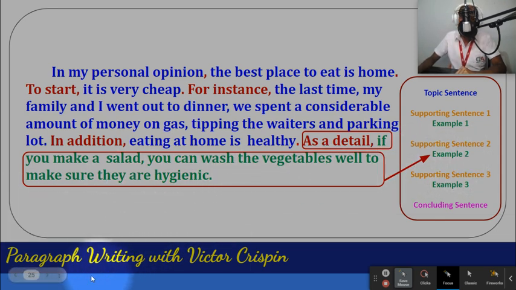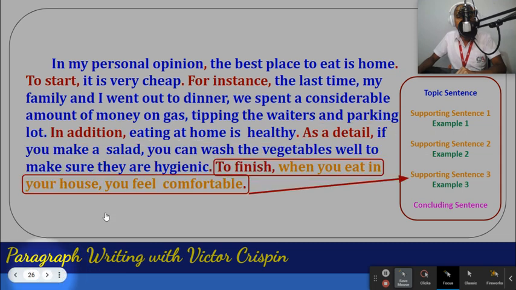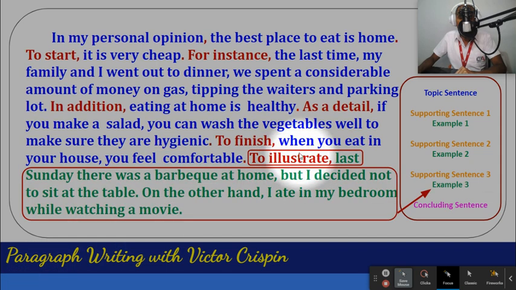Let's continue with my supporting sentence number three. To finish, when you eat in your house, you feel comfortable. This will be my supporting sentence number three. I continue with the example that says, to illustrate, last Sunday there was a barbecue at home, but I decided not to sit at the table. On the other hand, I ate in my bedroom while watching a movie. This will be my last example.